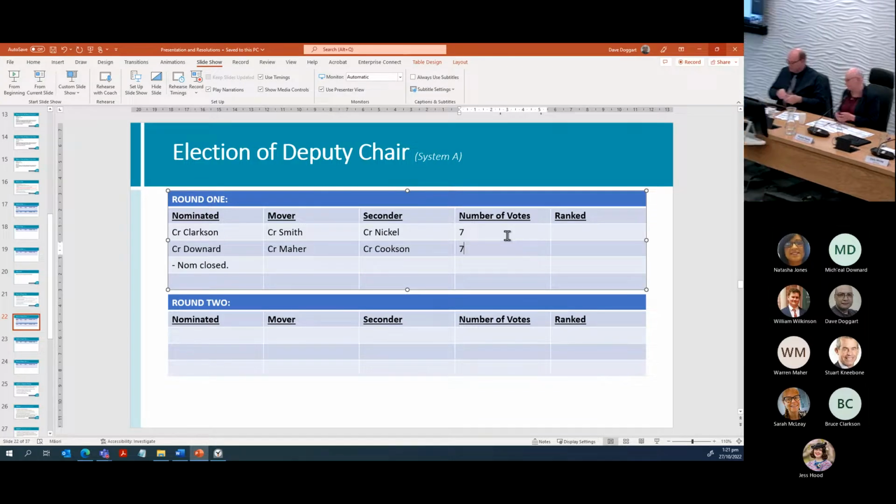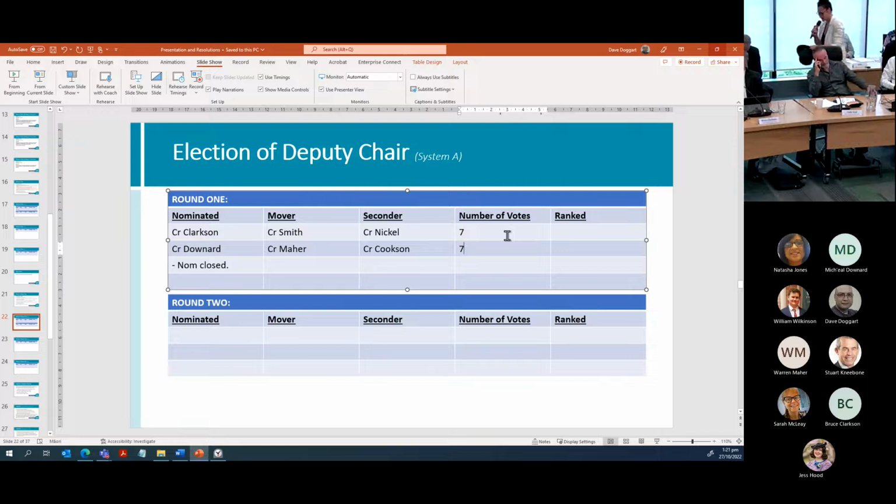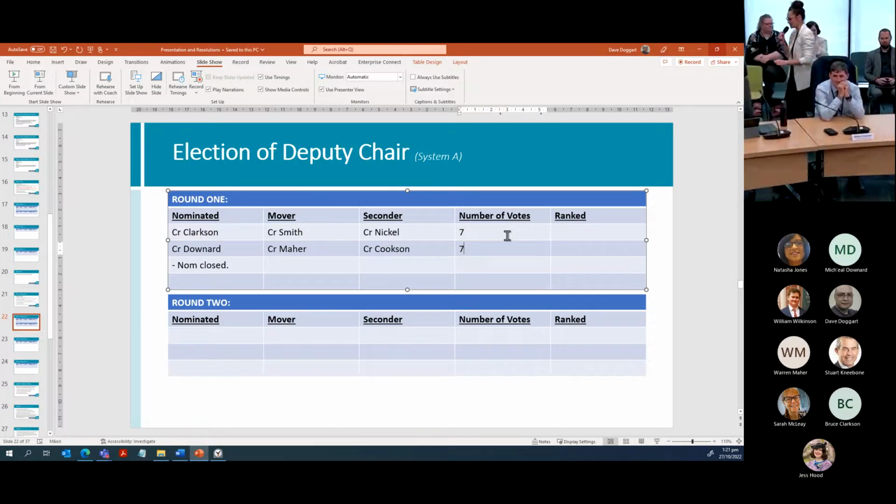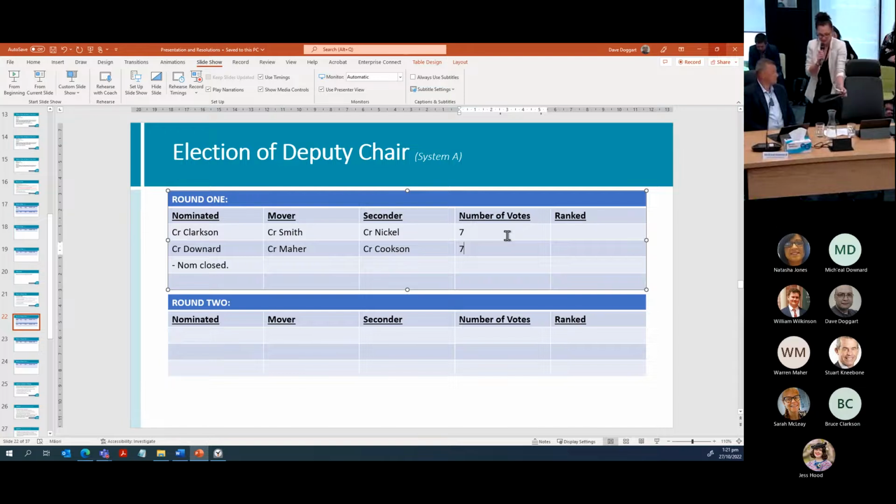Like the last time we undertook this process, we have pre-printed cards with elected members' names on them. And so I'll ask you, Councillor Downard, to check that name, fold it in half and pop it into the hat. Thank you.